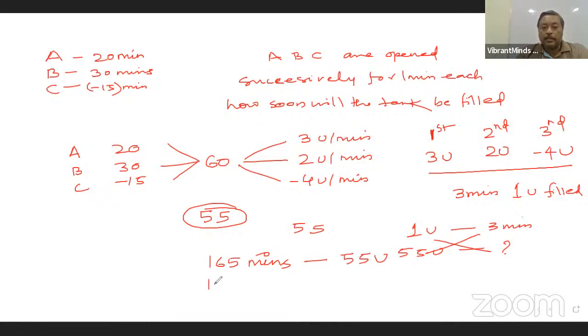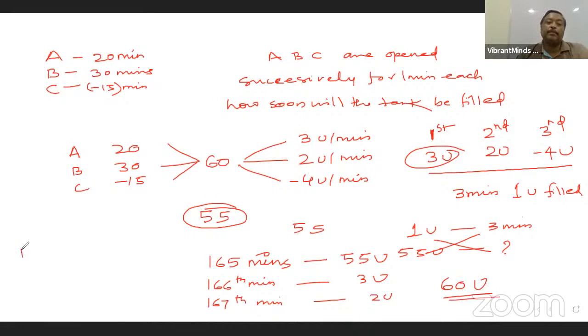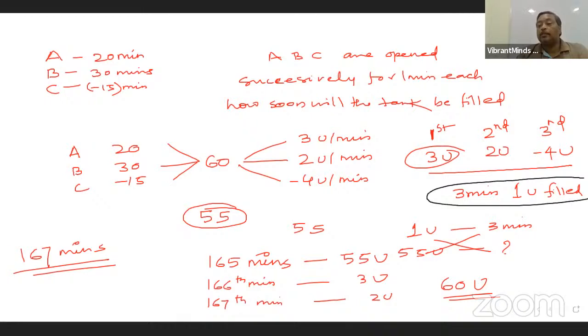Now in the 166th minute, it will cover 3 units, this one, and in the 167th minute, it will cover 2 units and total 60 units will be filled. So what is the time taken? 167 minutes. Now see what we will do. If we take this as a calculation method, the mistake we make is that there are 60 units to be filled, and in 3 minutes only 1 unit is being filled.